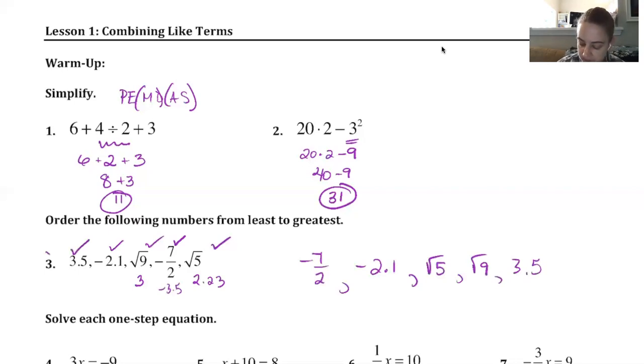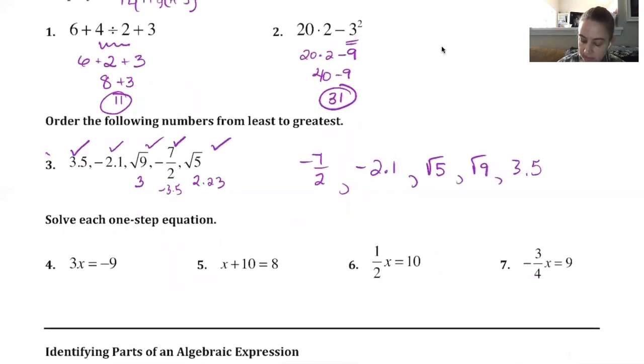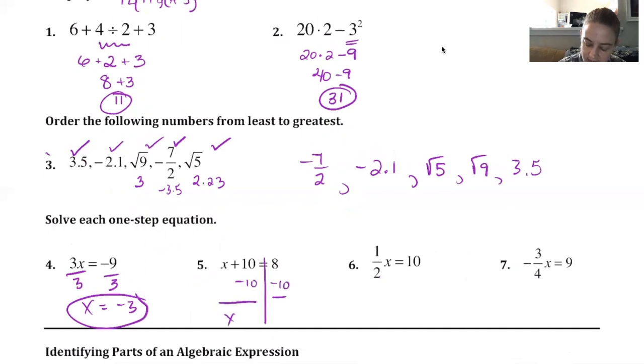And to solve the one-step equations, I was getting a lot of work from you guys that just had the answers. And I know you know the answers for some of these, but it's really important to write out your steps. So we're going to divide each side by 3. Negative 9 divided by 3 is negative 3. For number 5, we're going to subtract 10 on both sides. 8 minus 10 is a negative 2.